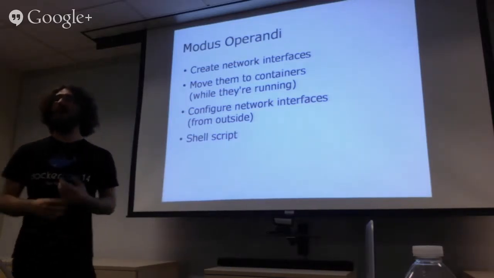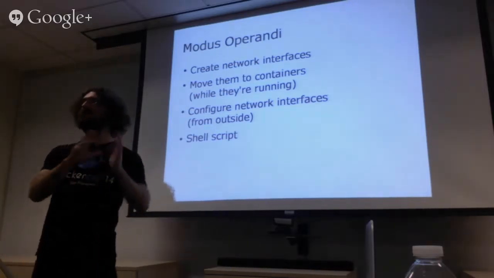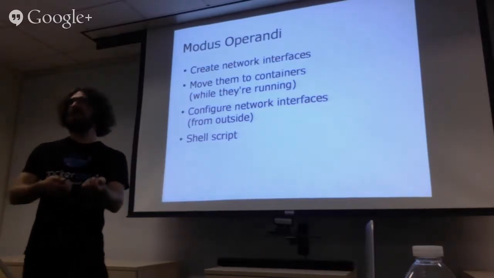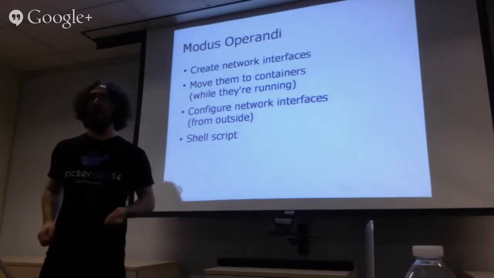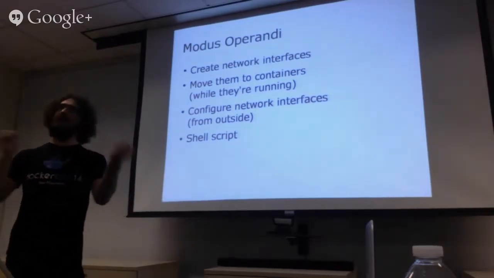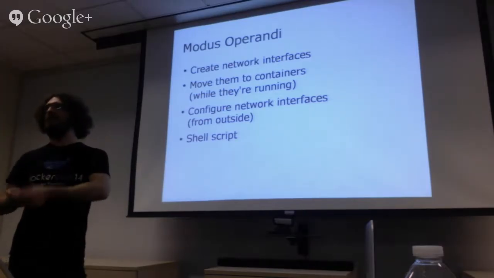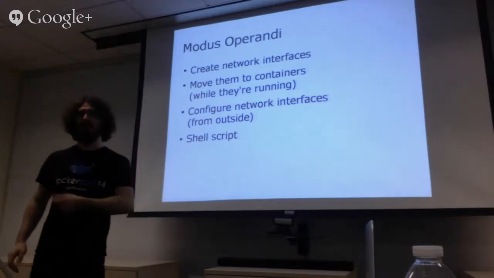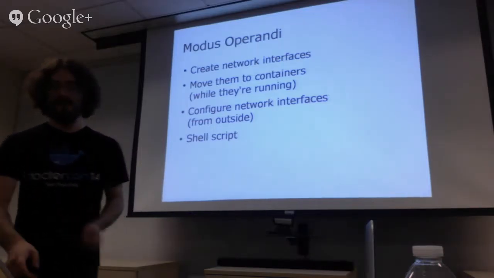It can create a MAC-VLAN interface, which is a kind of sub-interface, and then you can put your container as if it were connected to your physical network. And it can also create veth pairs, so pairs of interfaces, one being on some bridge somewhere and one being in the container. And it's a shell script.